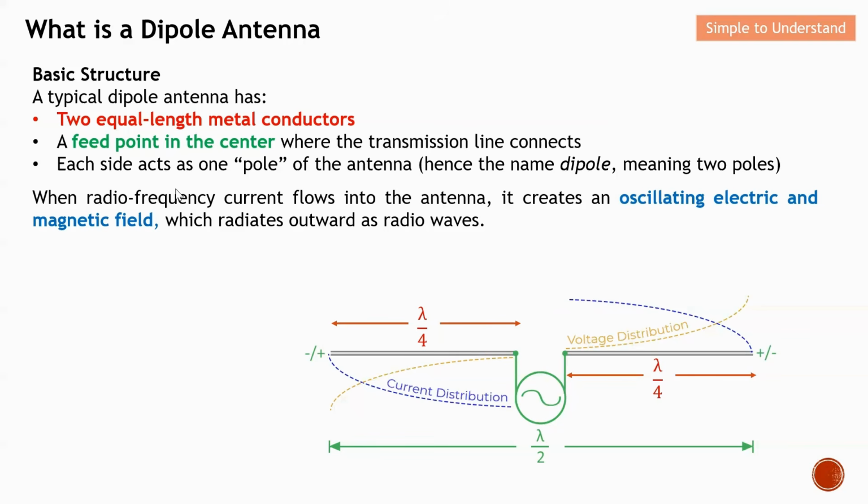When radio frequency current flows into the conducting material, it creates an oscillating electric and magnetic field, which thereafter radiates outward as radio waves released into the air. Like I mentioned, I will go into more detailed discussion later on.